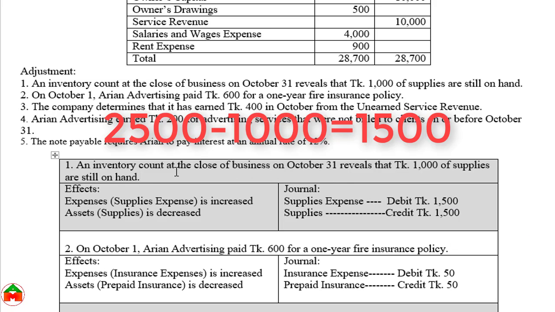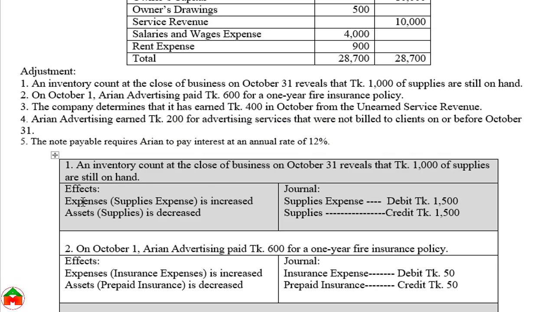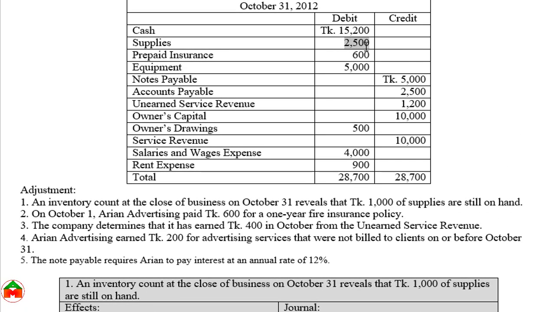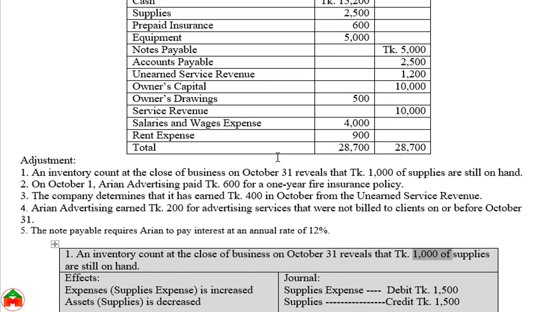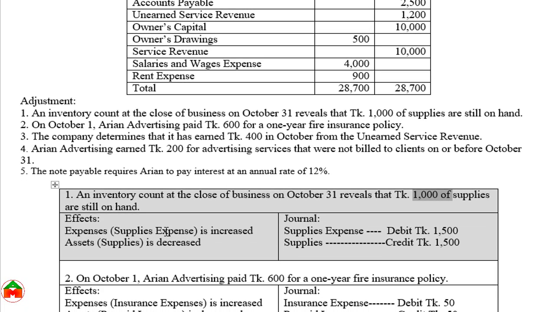So if we make this adjusting entry, there will be an increase in expense. The name of the expense is supplies expense. 1,500 supplies became the supplies expense. Supplies is an asset, supplies expense is an expense. So 2,500 is the balance here, counting shows that only 1,000 is on hand, so the rest of the 1,500 became expense.